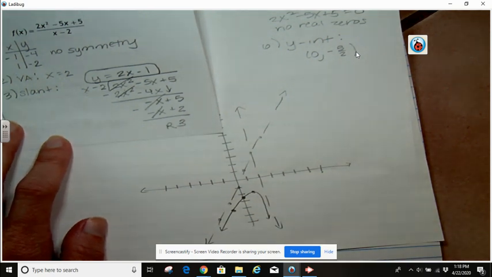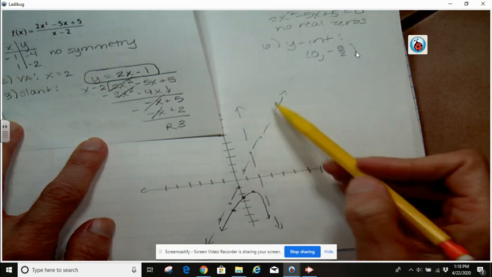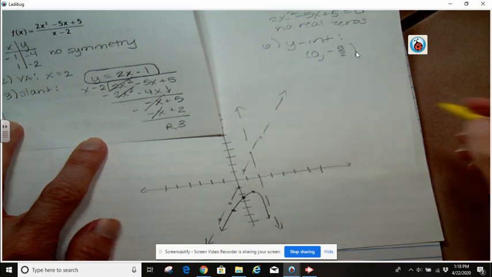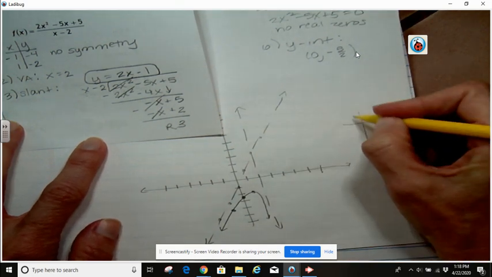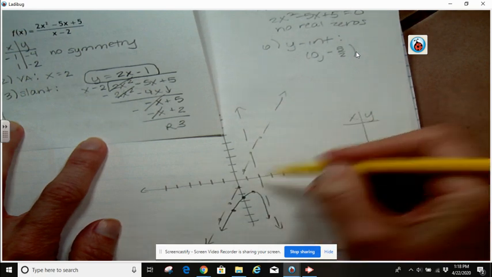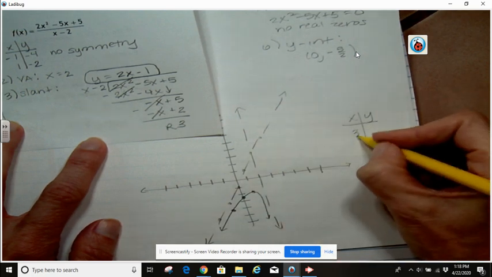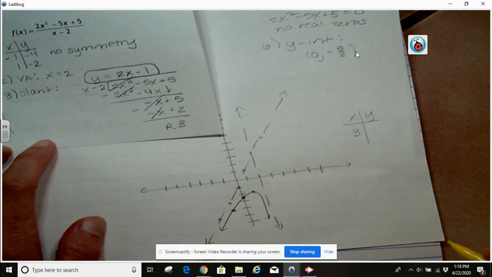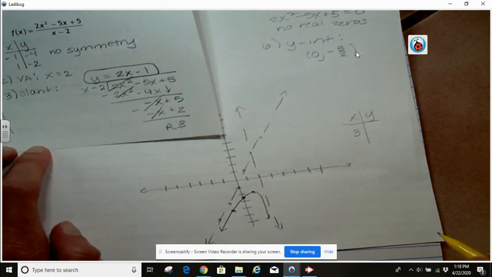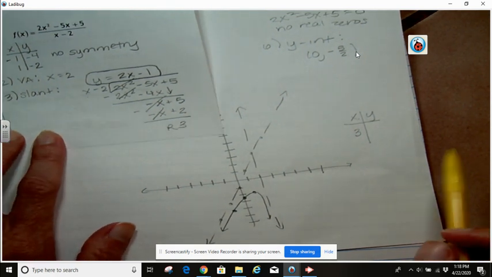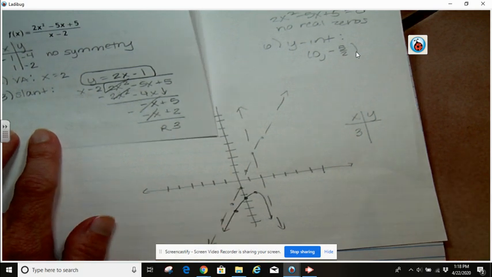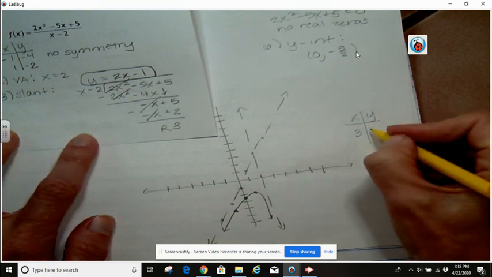All right, so I would guess that the other part of the curve is up here, but if you're unsure, you can always add a point to your table. So the vertical asymptote's at 2. So what if I put in x equals 3 into my table, just to get another point on the graph? If I put 3 into the function, I get 3 squared is 9, so 18. 18 minus 15 is 3. 3 plus 5 is 8.